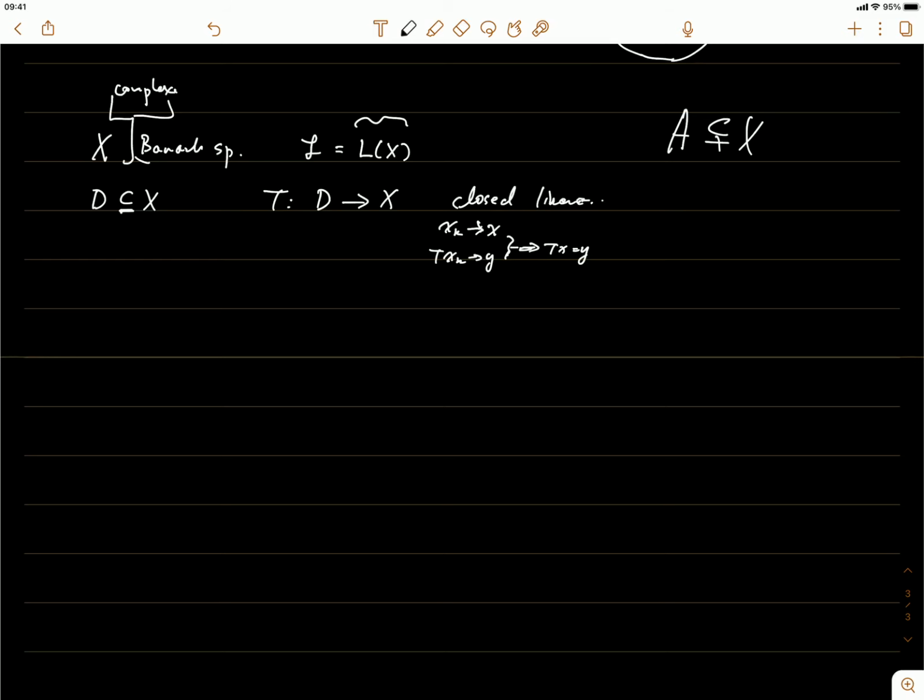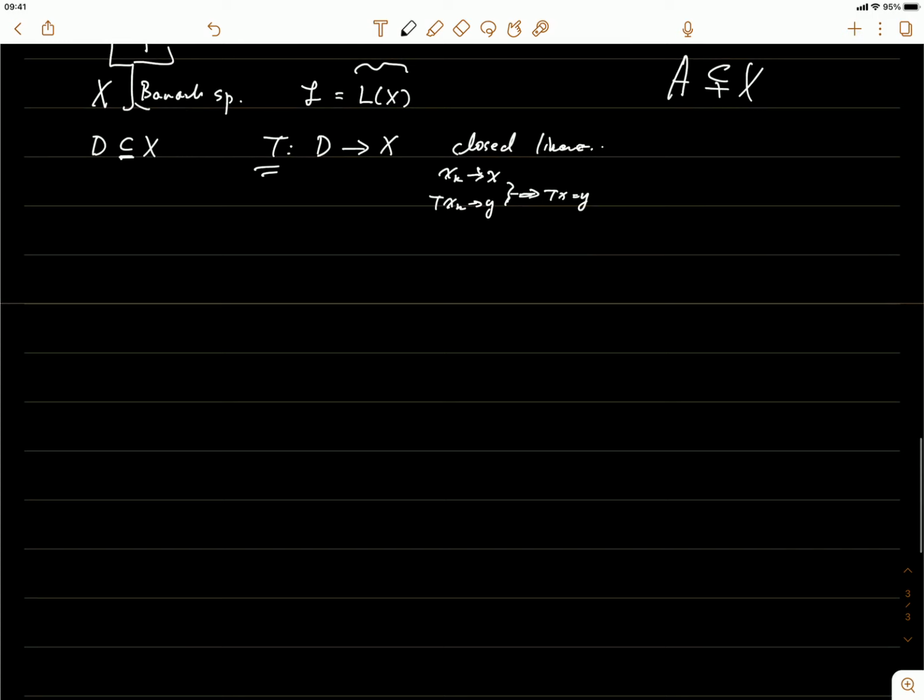Linear is clear, right? So we assume that T is this closed linear operator. It is indeed from X to X itself, but the domain of T may not be the entire X, but just a linear subspace D of X.